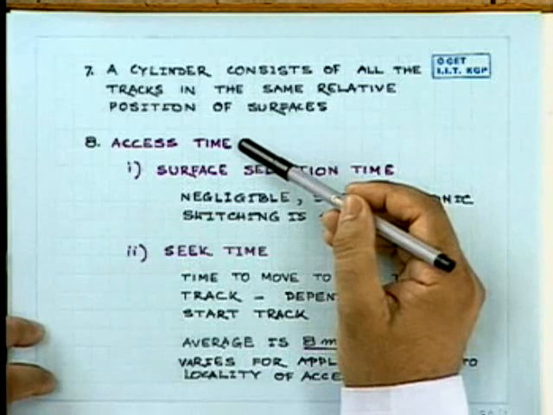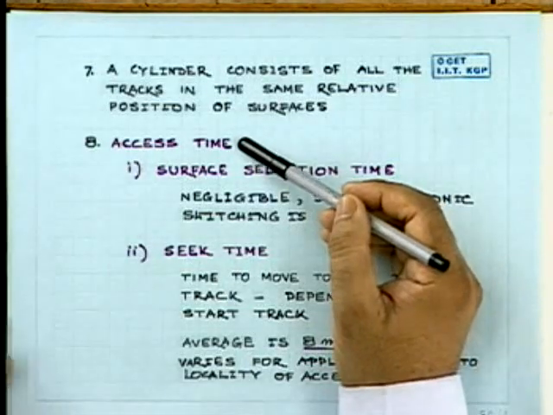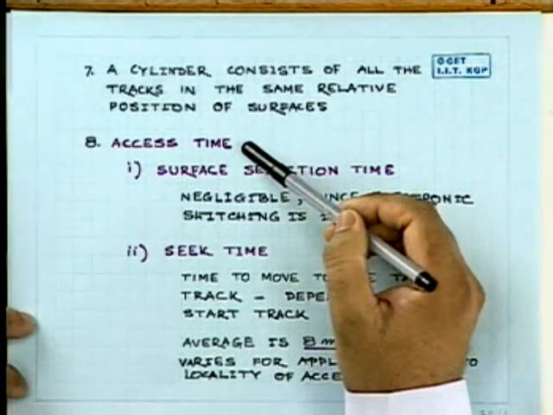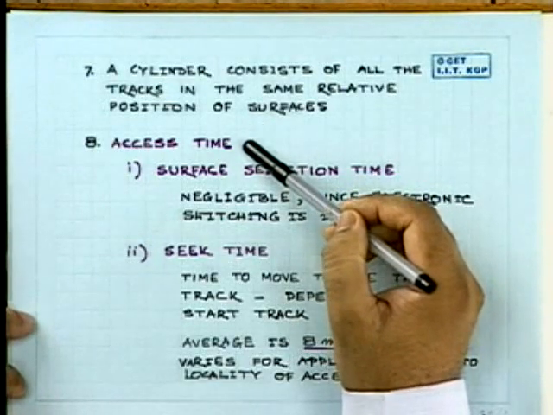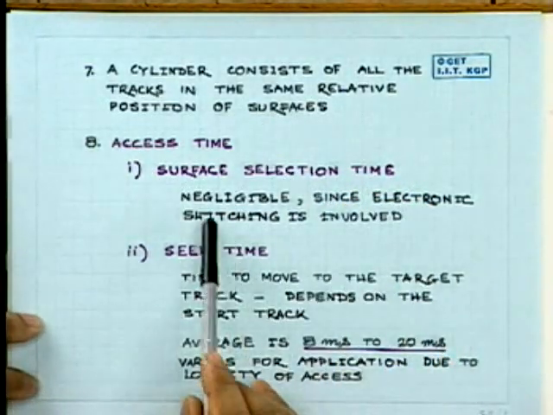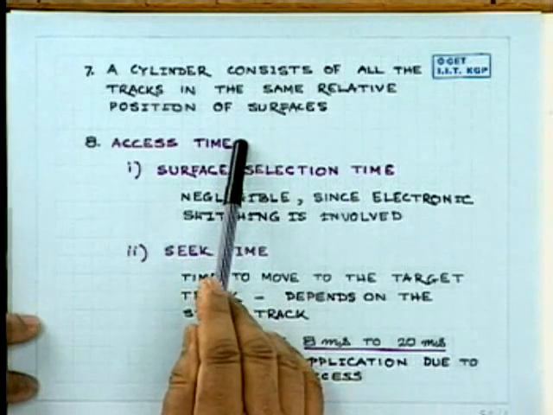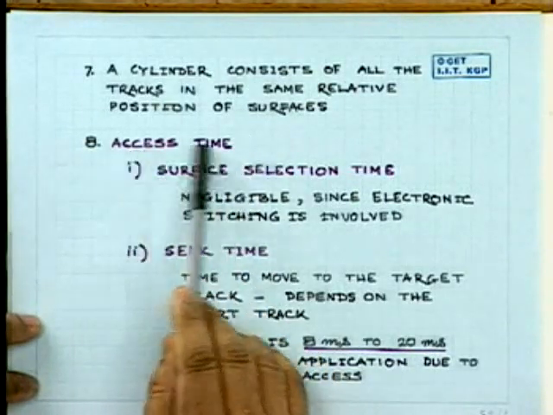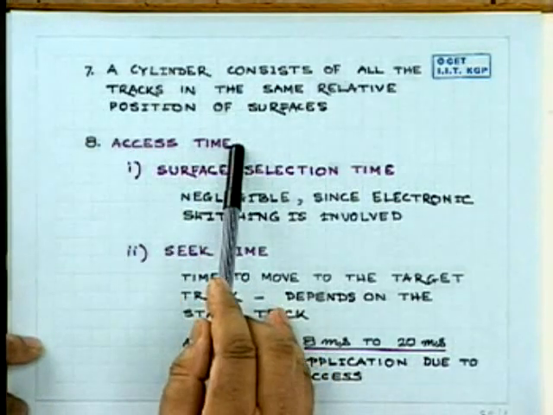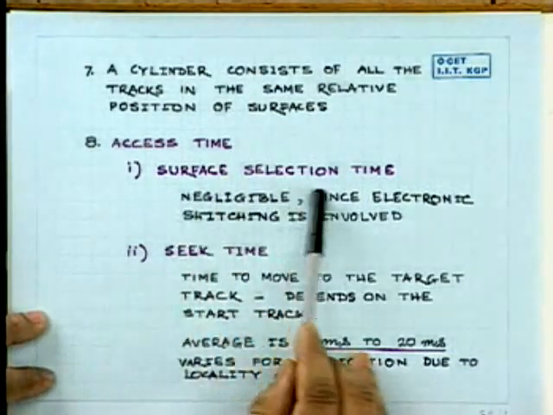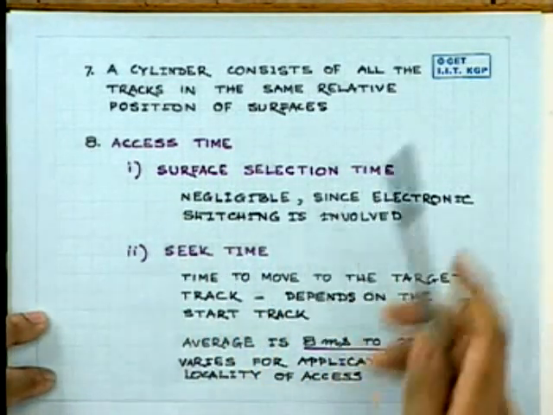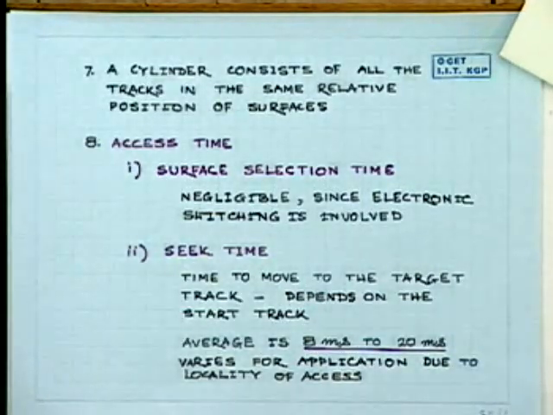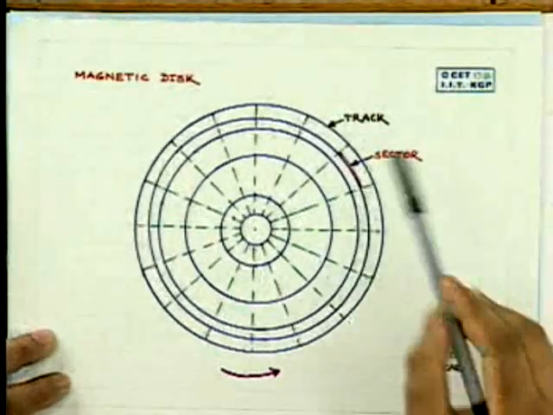Now, the most important thing why we recapitulated the entire characteristics of a magnetic disk is that we want to have some idea about the access time. And access time will depend upon the surface selection time. For example, a particular piece of information is somewhere in this sector.